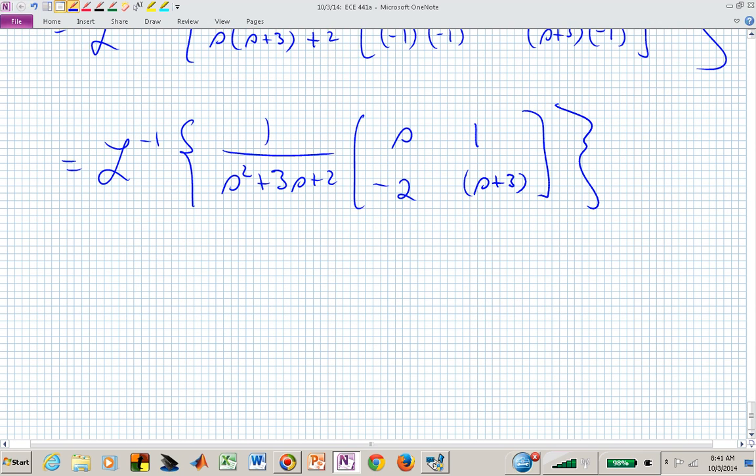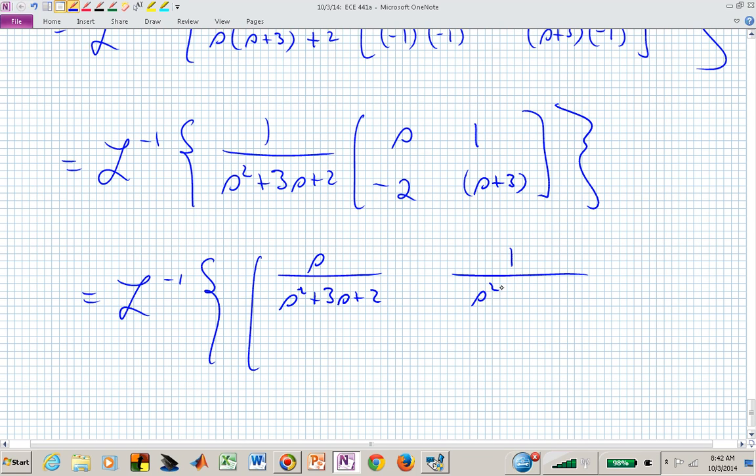So that now, if we simply look at this, I now have a 2 by 2 matrix. In the 1, 1 entry, I have s divided by the determinant. In the 1, 2 entry, I have 1 over s squared plus 3s plus 2. In the 2, 1 entry, minus 2 over the determinant.